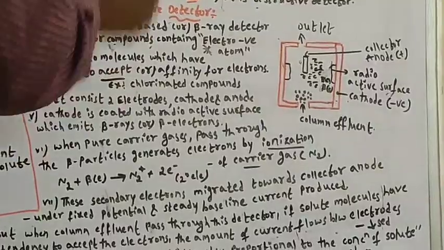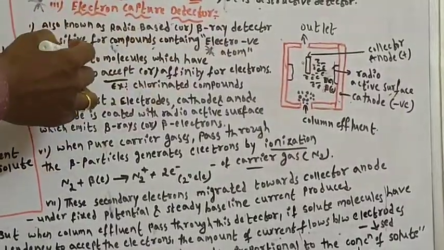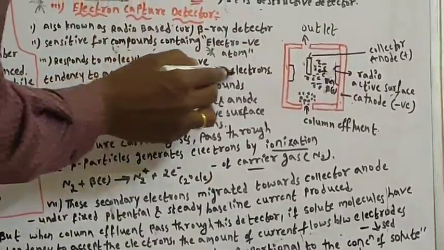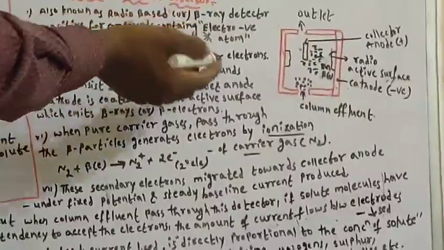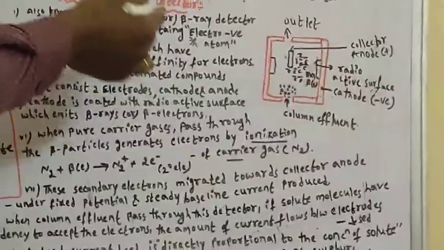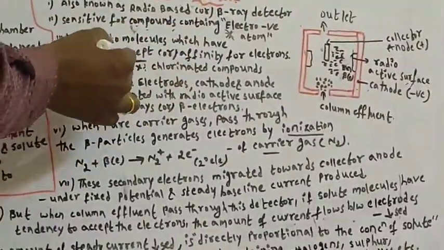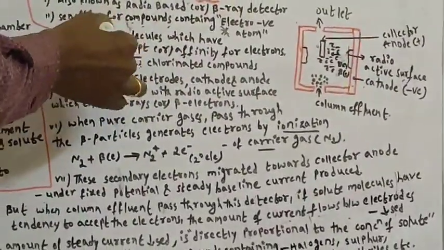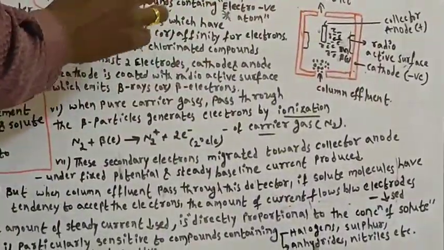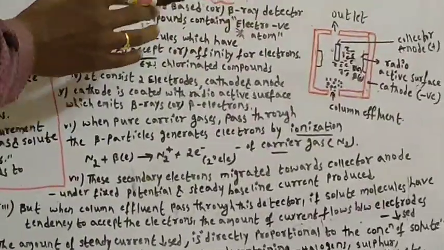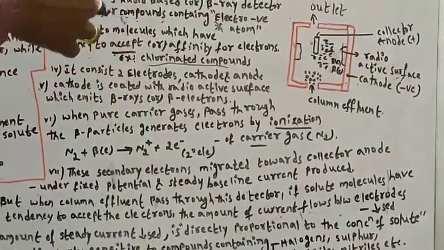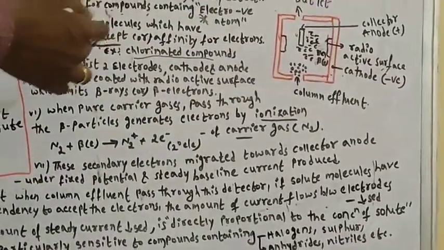Here it responds to molecules which have a tendency to accept electrons, or which have affinity for electrons. Only those molecules can be detected by using the electron capture detector. What are those? Chlorinated compounds, meaning chlorine, iodine, bromine, everything with halogens, which have electron affinity.